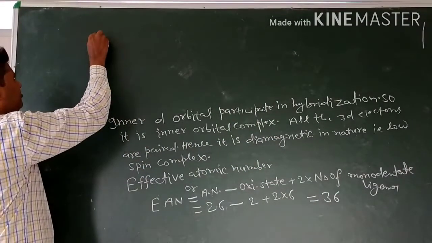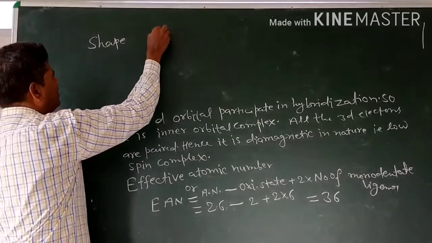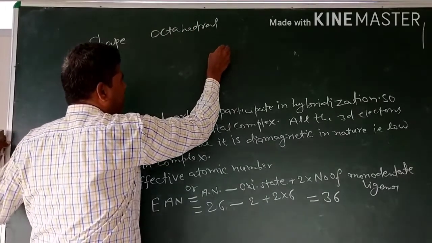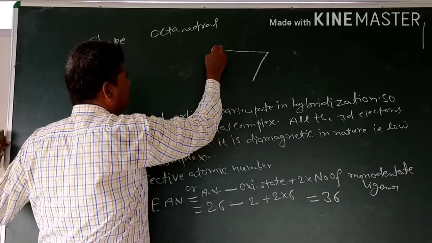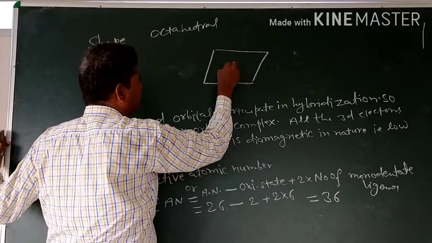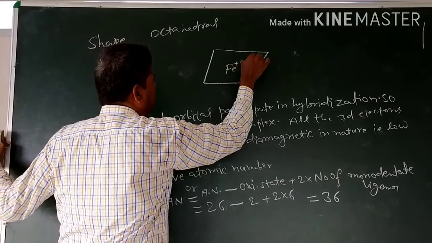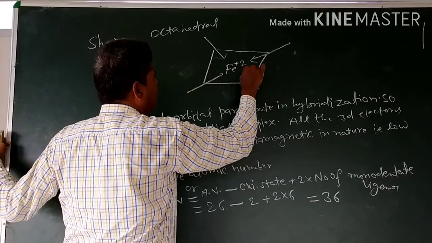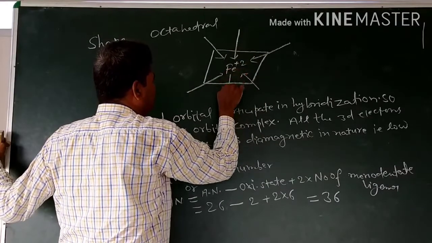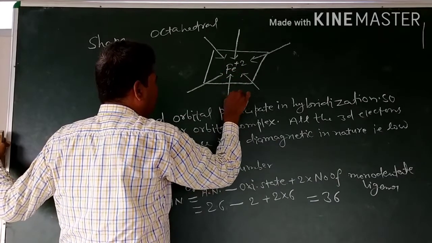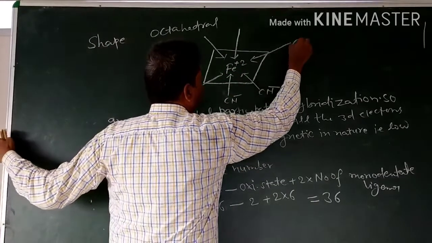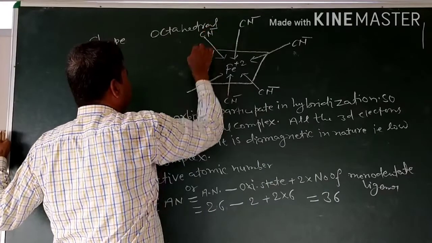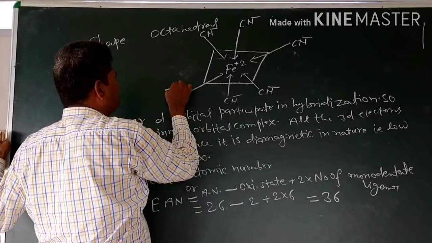Fe2+ is at the center, 6 ligands are at 6 corners, 1 ligand above the plane while another below the plane. CN-, CN-, CN-, CN-.